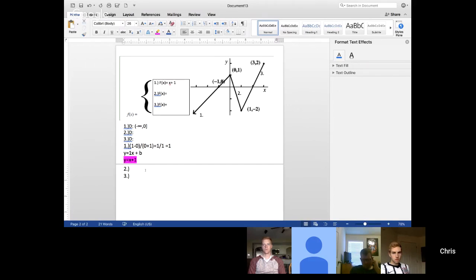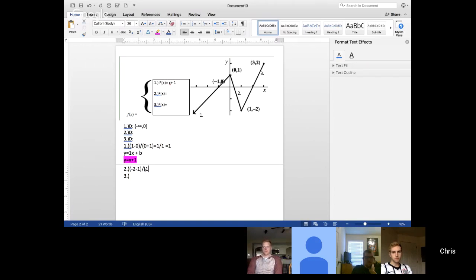Okay, so round 2. y2 is negative 2 and y1 is 1. So negative 2 minus 1 divided by x2 minus x1, which is 1.